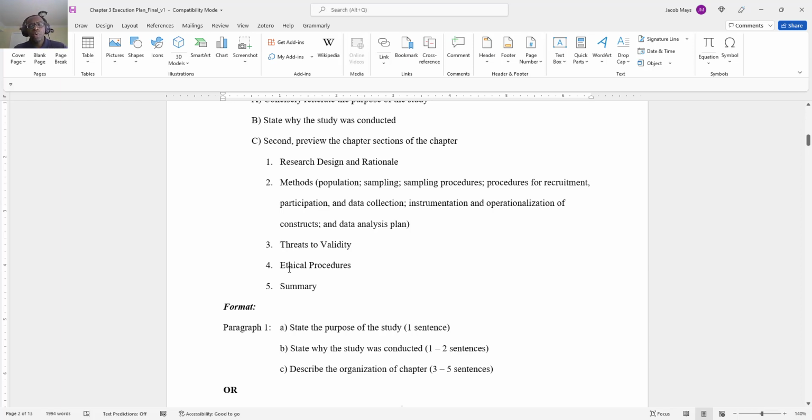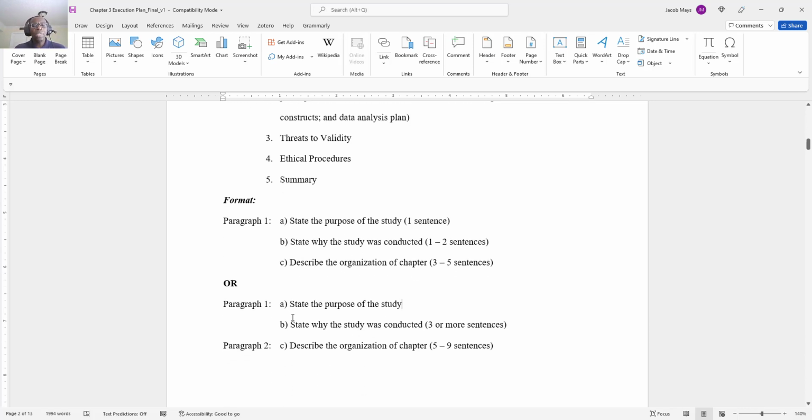The fourth is ethical procedures, and the final section is the summary. Right? Generally, that's all you have to say. Now, if you want to go into more depth, you can list the sections and then describe in one sentence what each of the sections or subsections is going to cover, if you want to give your introduction a little bit more girth. Okay, but that's up to you.